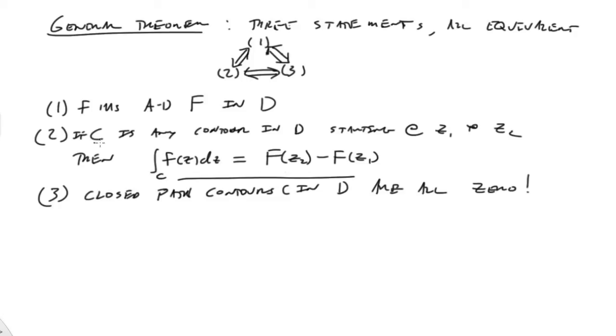Because C could be any of infinitely many contours that start and end at these two points. In general, that's a very difficult thing to discover. Same thing here, that integrals over any closed path contour in D are all 0. That's a difficult thing to discover on your own, but discovering that a function has an antiderivative F, that's something we can actually do.